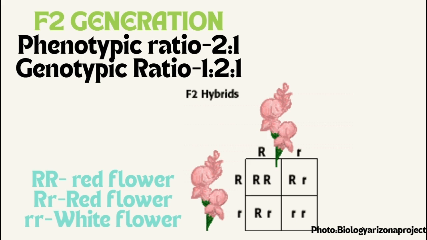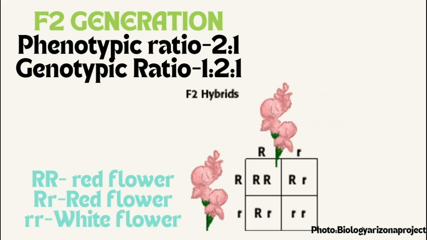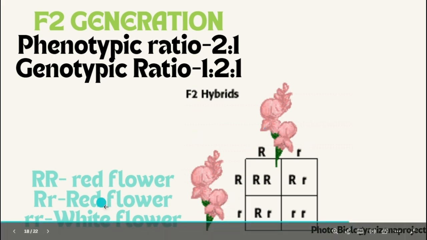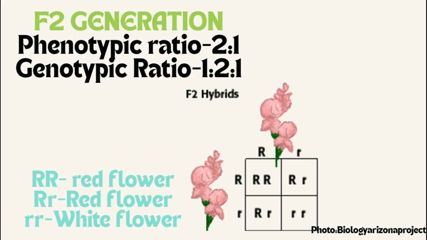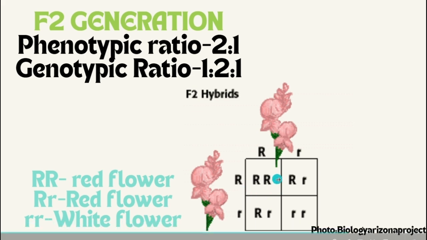Just draw four boxes, and then you put the alleles, big R, little r, big R, little r, because it's a heterozygous crossing with a heterozygous. We know both heterozygous code for red flowers. So we're going to cross two flowers that look very red, and the first child, this first 25%, is going to be red flowers.